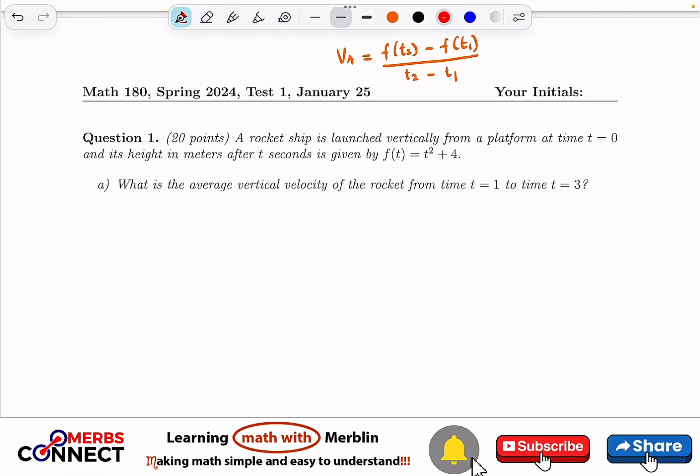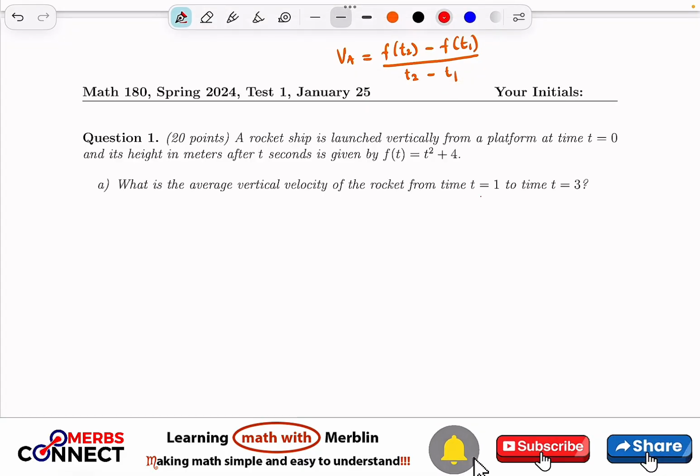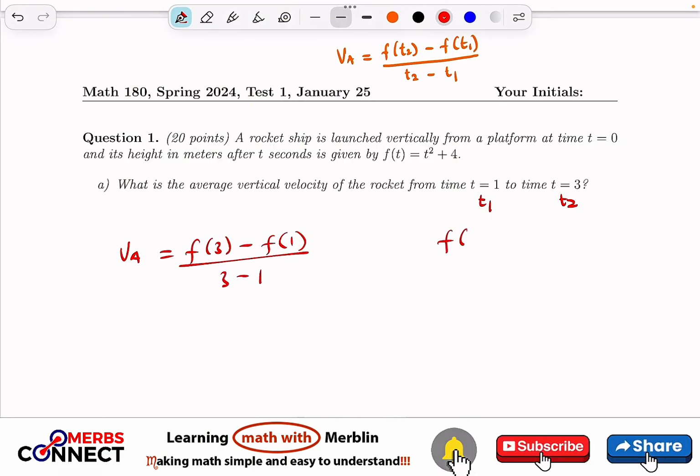So we are using the formula here, right? So what we just need to do is I'm going to assign T1 here and then T2 here. So the average rate of change is going to give us f of 3 minus f of 1 divided by 3 minus 1. Let us look for f of 3 using the function given to us here. So this is going to give us 3 squared plus 4.